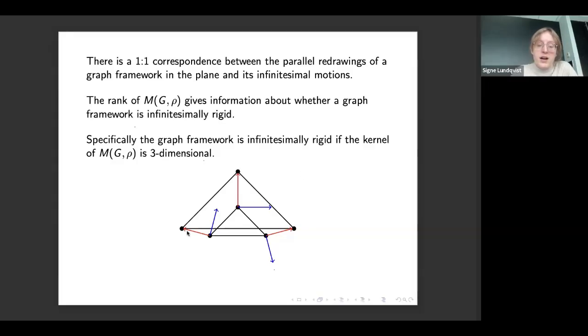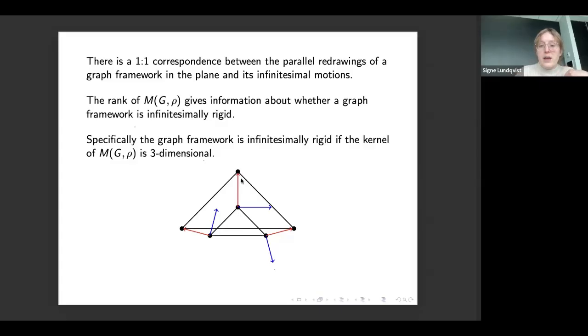Okay, and the actual one-to-one correspondence just looks like this. So the blue vectors in the figure form an infinitesimal rotation, but this generalizes to any infinitesimal motion. And the red vectors here are the blue vectors turned 90 degrees.